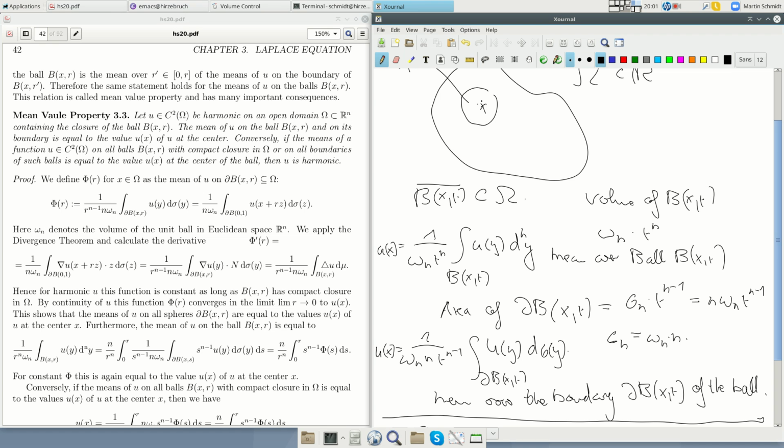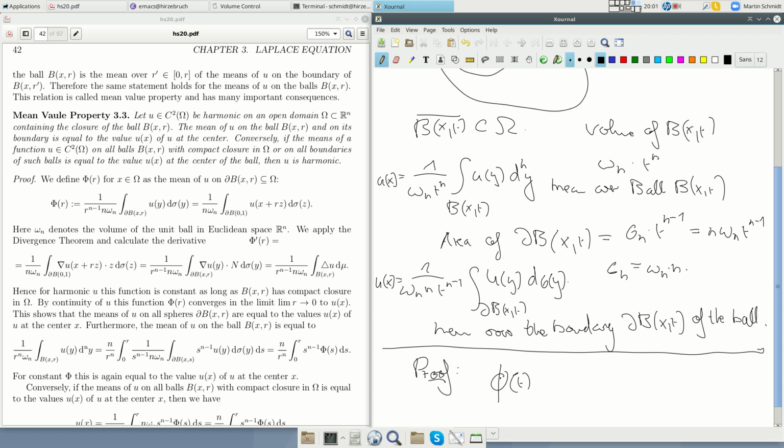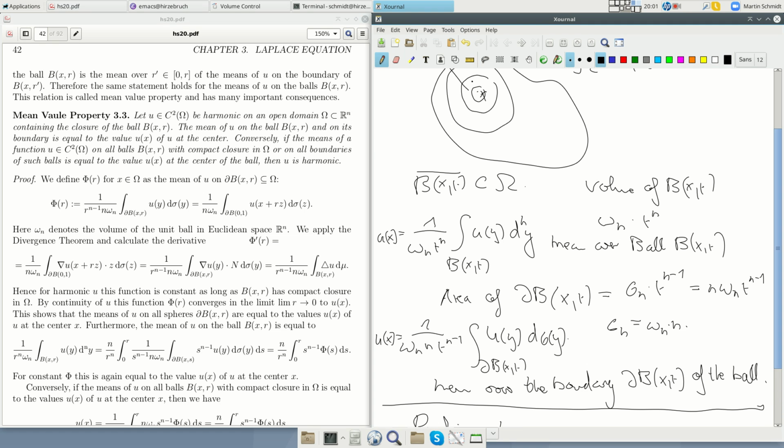Then we have all concentric balls with radius r, and we define a function phi of r, which is defined for all radii such that the corresponding ball of radius r with its closure belongs to omega.